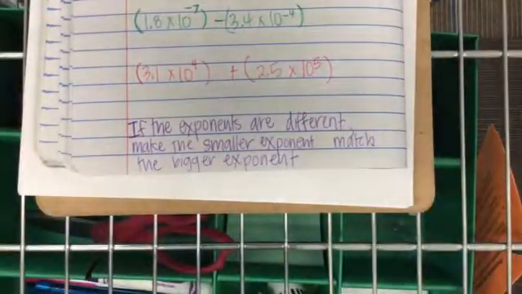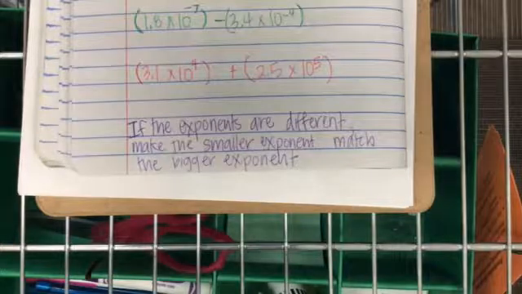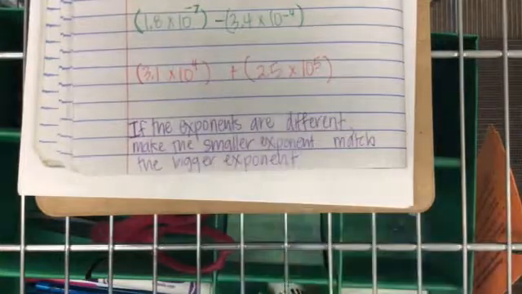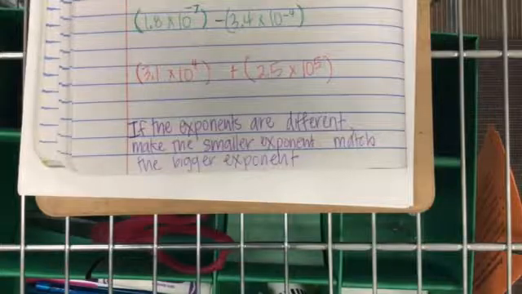If the exponents are different, I can just change it. I'm going to make the smaller of the two exponents, because I have an exponent of 4 and an exponent of 5, I'm going to make the smaller exponent, the exponent of 4, become a 5.